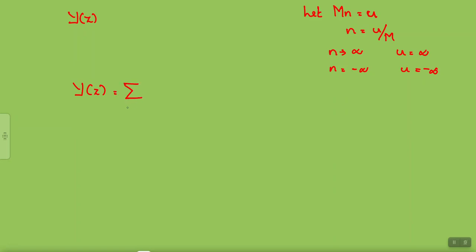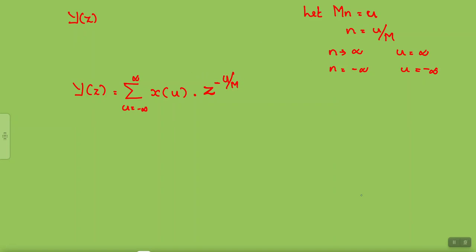summation u equal to minus infinite to plus infinite x of u into z raised to minus u by m.